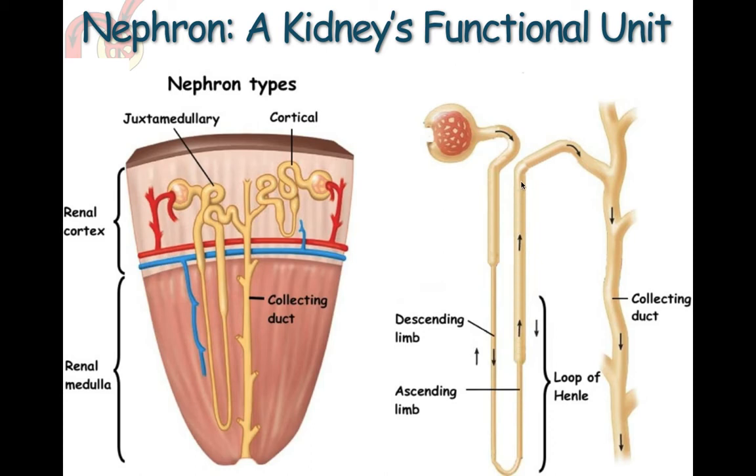At the end of the ascending limb is a distal tubule. Remember, we had a proximal tubule right here. So over here we have a distal tubule that leads to a collecting duct, and this is where the urine will be collected on its way to the bladder.